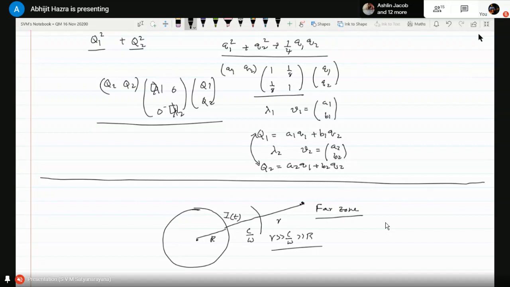The absolute value of E is proportional to QA sin theta by R, and A is omega square R. We know that from circular motion, the rotational motion, acceleration is omega square R. So if we put A equal to omega square R in QA sin theta by R, then E is proportional to omega square, I think.